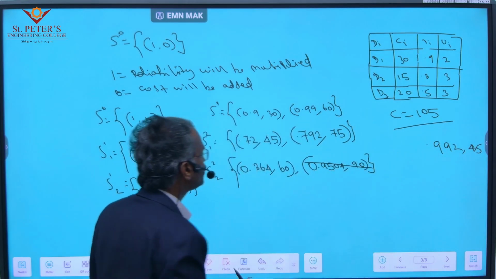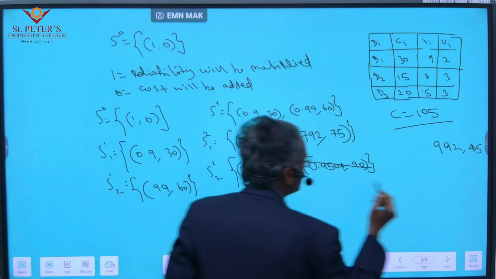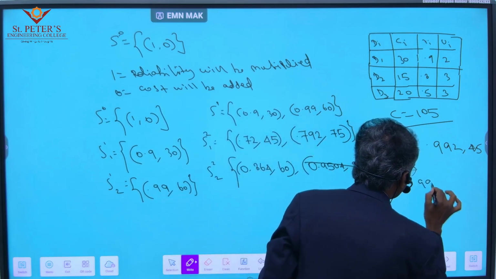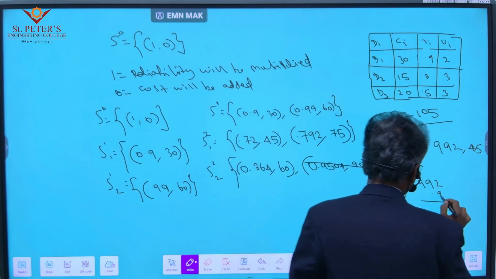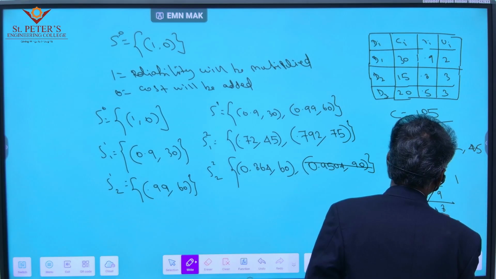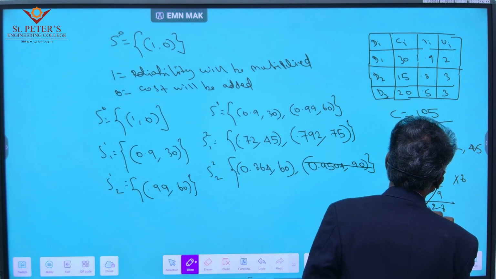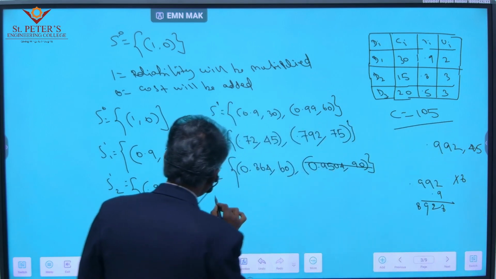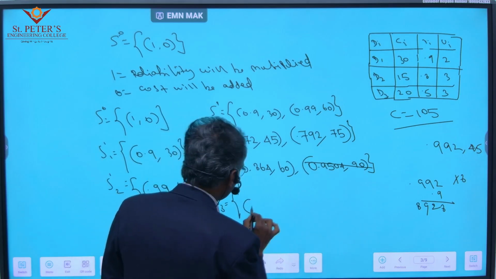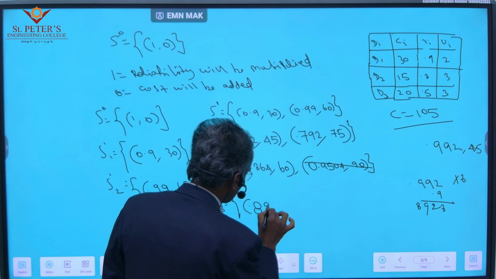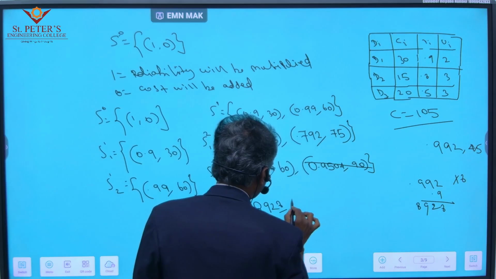So this 0.992 has to be multiplied again with the first set. 0.992 into 0.9, 8928. So second device, third copy, 0.8928. 45 plus 30, it is 75.